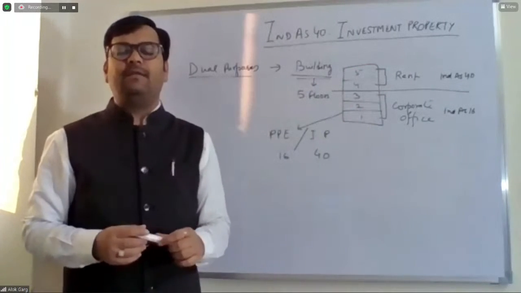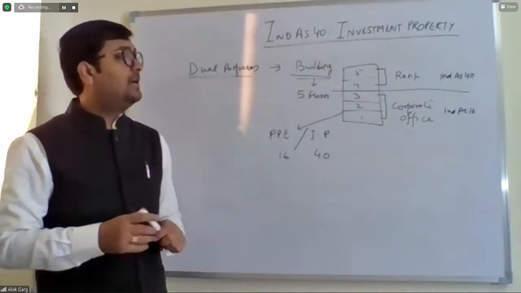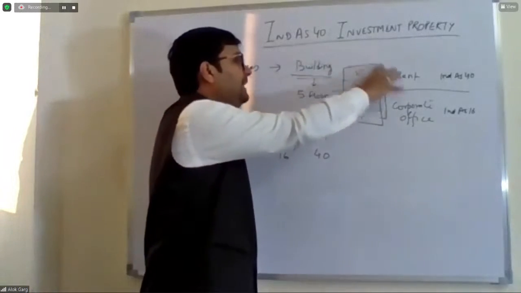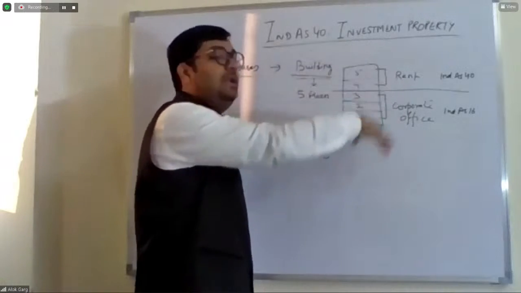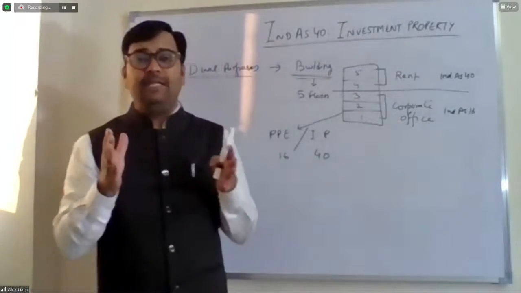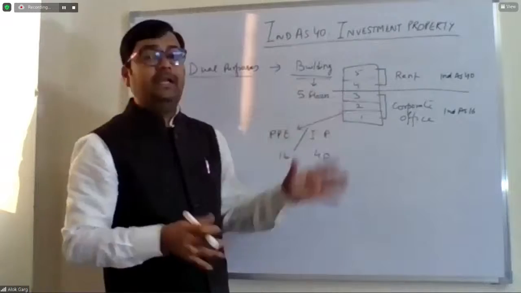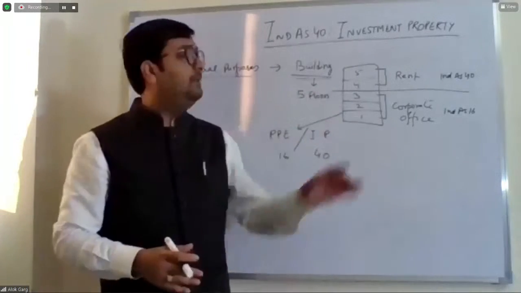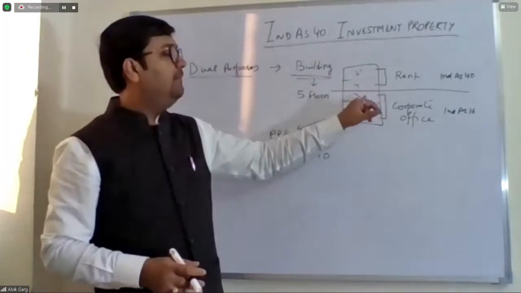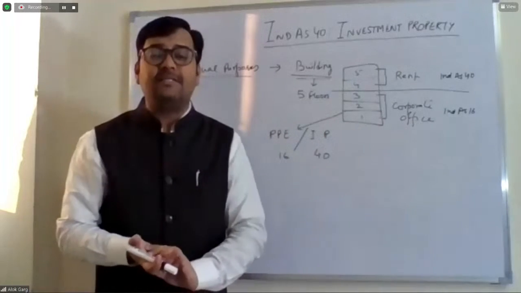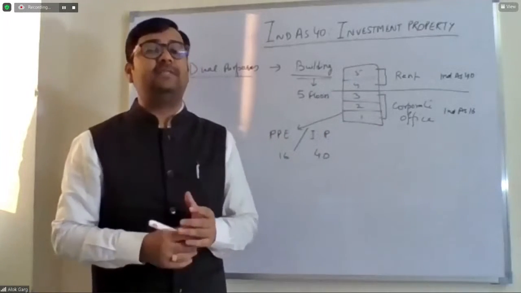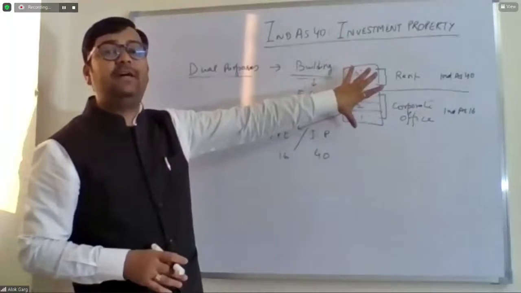Okay. But for example, if as per law the company cannot sell an independent floor, and if it has to sell a floor it has to sell the entire building, then it cannot be constituted that the company is able to split the values.